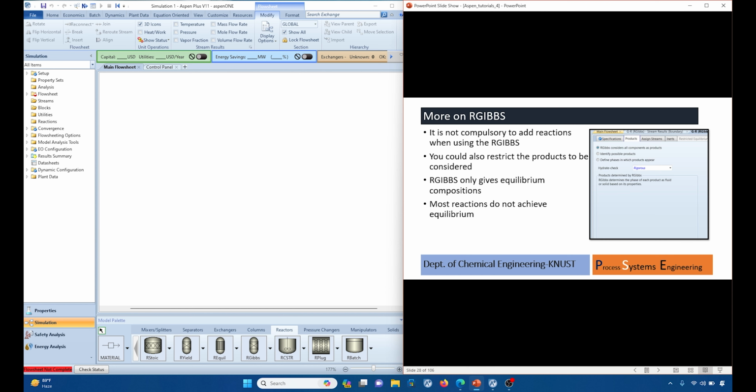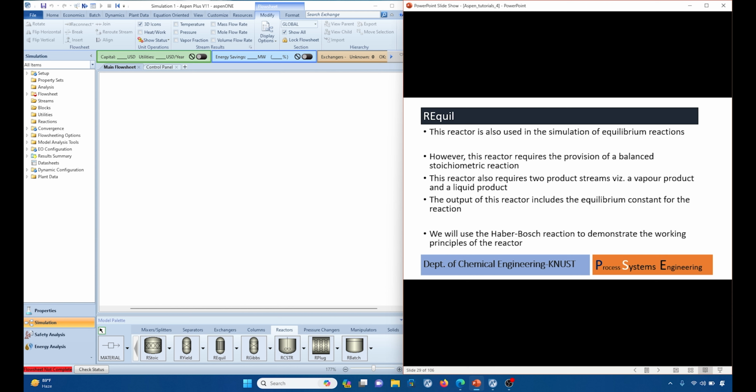We will do more on RCSTR hopefully at a later time, in the future. So the equilibrium reactor, as the name implies, is for the simulation of equilibrium reactions. And in this case, you need to know the reaction stoichiometry. It requires a balanced reaction, right?